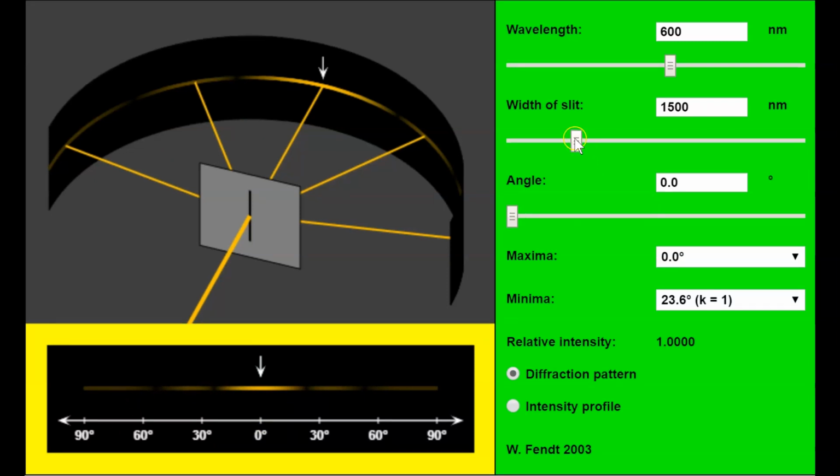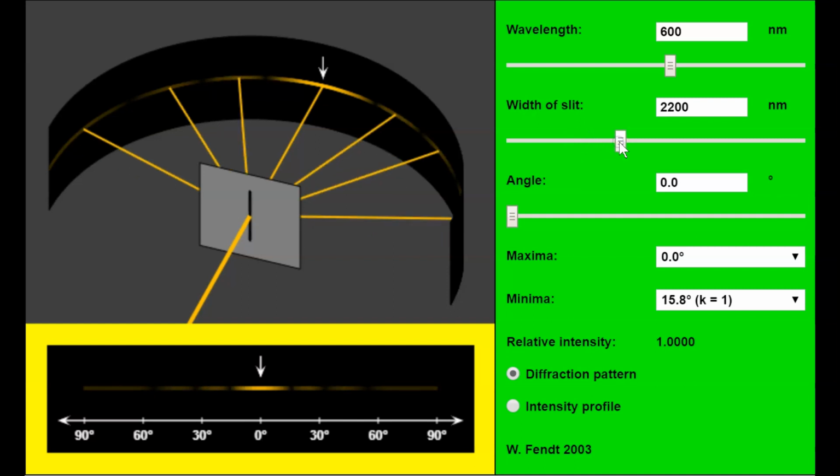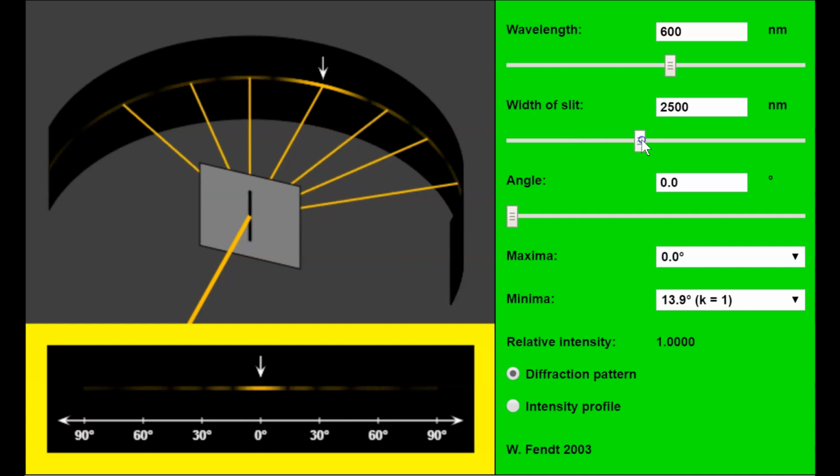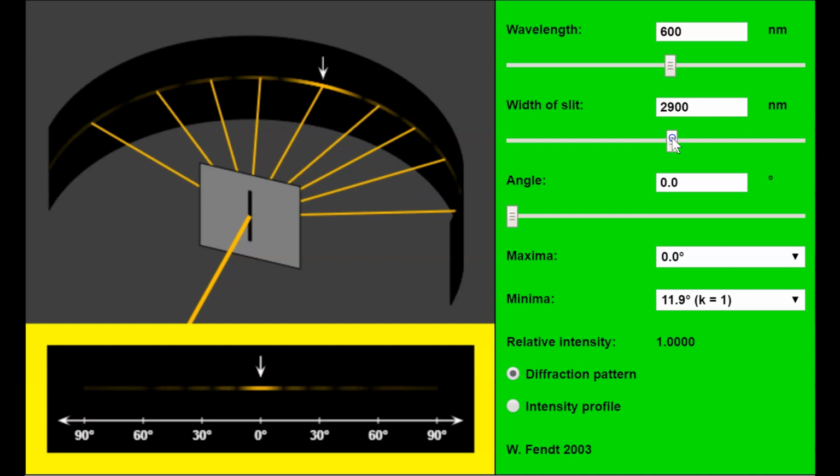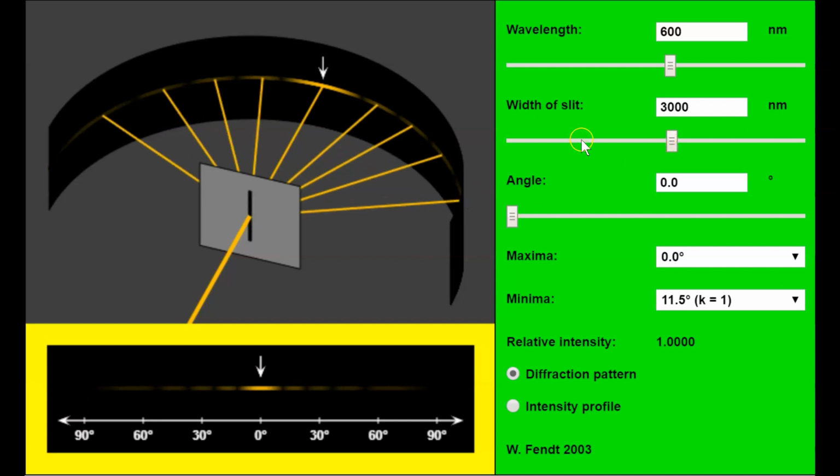So now if I increase this number to 3,000, and you start to look at the number of minimas now, I'm going to start counting 1, 2, 3, 4, 5. And it's hard to see on the screen here.